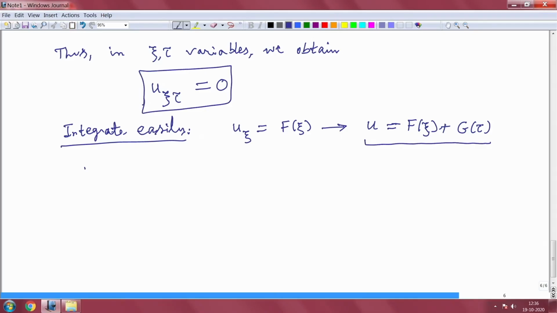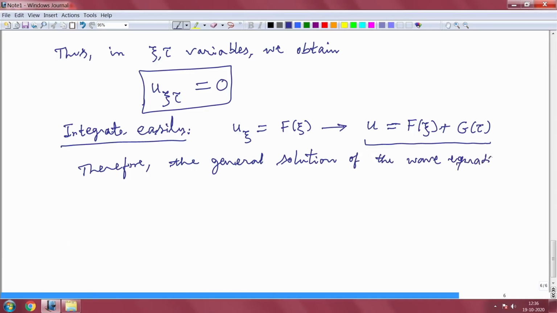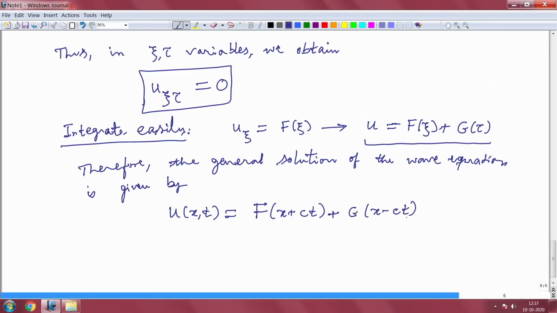Therefore, going back to the original x t variables, the general solution of the wave equation is given by u(x, t) equal to f of (x plus c t) plus g of (x minus c t), where xi is x plus c t and tau is x minus c t, and f and g are arbitrary C2 functions.